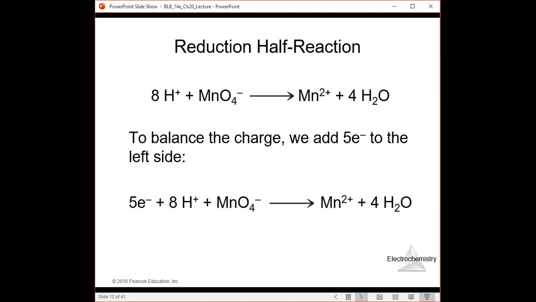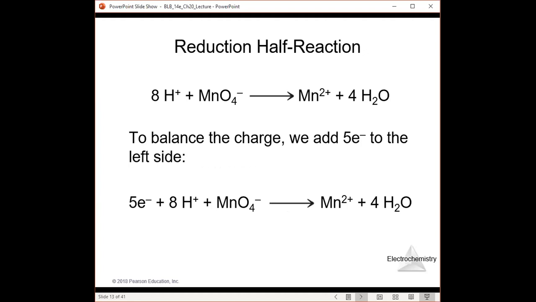Now, you have to balance the charge. That's what's got to happen. So the charge over here, you got to be balanced. So to balance the charge, you got to add 5 electrons to the other side, because manganese is a +7 charge.